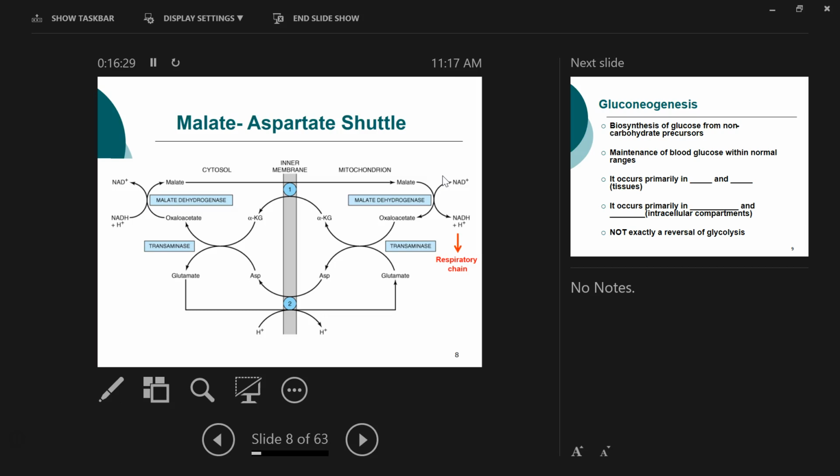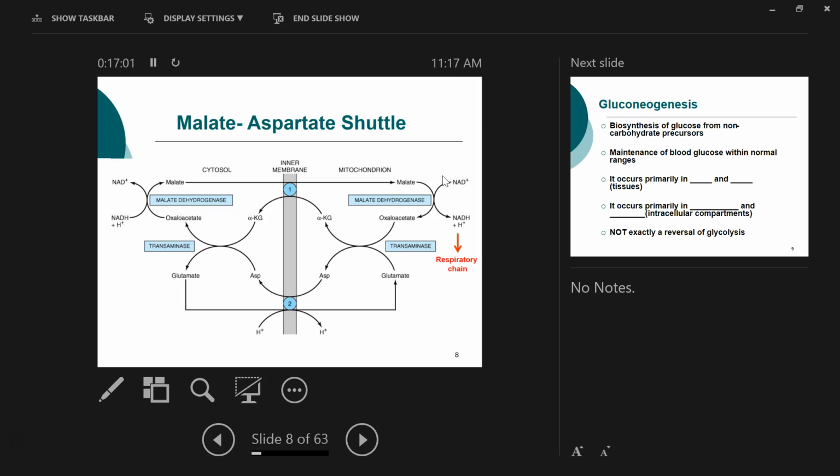So that's why, depending on what type of cells, that determines whether NADH from the cytosol, from glycolysis, can generate 3 or 2 ATPs. All right, does that make sense? So that explains why sometimes NADH from the cytosol generates 2 or sometimes 3 ATPs.